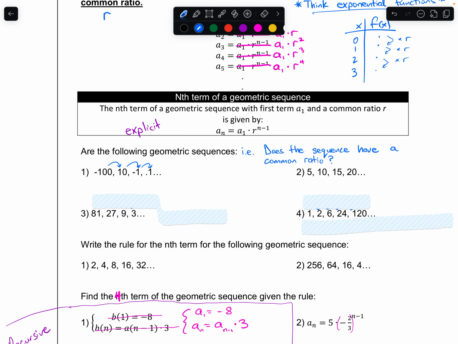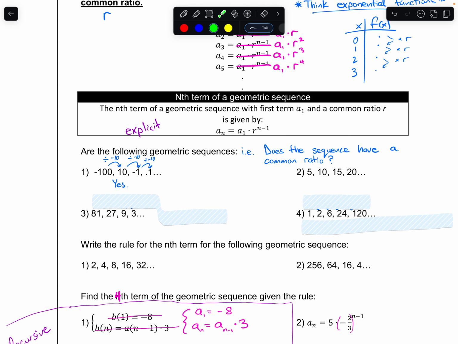Well, negative 100 to get to positive 10, you can think of this as dividing by negative 10. And again, from positive 10 to negative 1, we're dividing by negative 10 again. And negative 1 divided by negative 10 would be positive 0.1. So yes, we do have a common ratio.